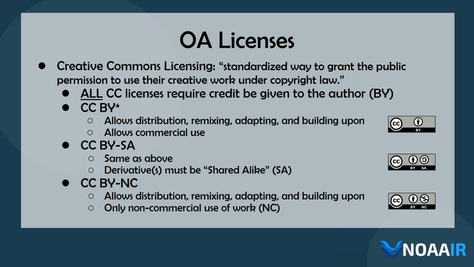And then as we move through the rest of this list, you'll see certain restrictions start to come into play. So for the CC BY SA, derivatives must be shared alike. So if you do a derivative of an item, you have to share it as a CC BY. And then we have NC, that means non-commercial, so only non-commercial use of that work is permitted.